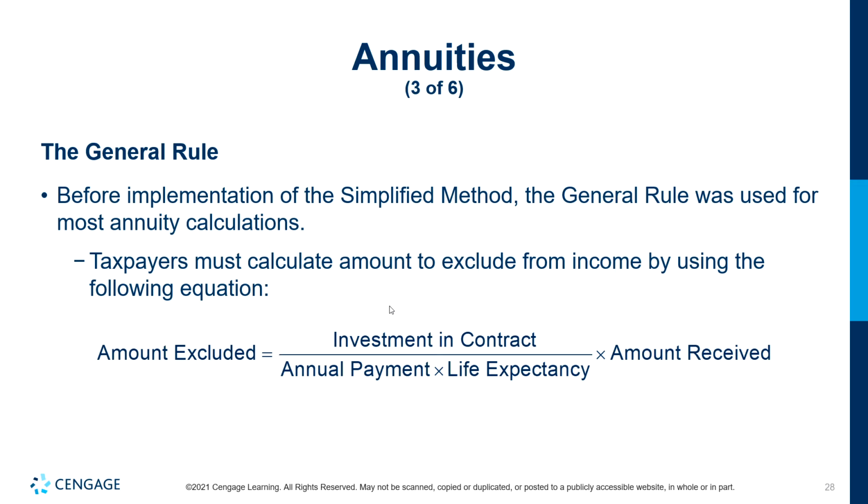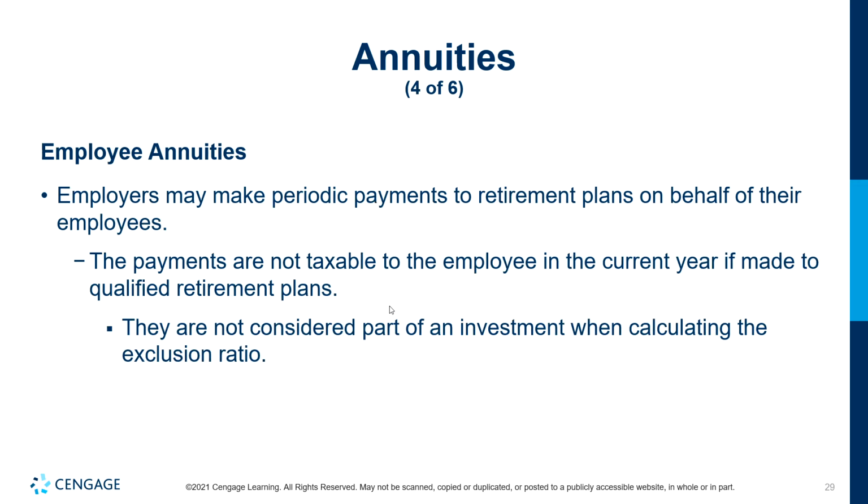Okay, now employee annuities. Employers may make periodic payments to retirement plans on behalf of their employees. These are a little bit different than pensions, but we could have these annuities.